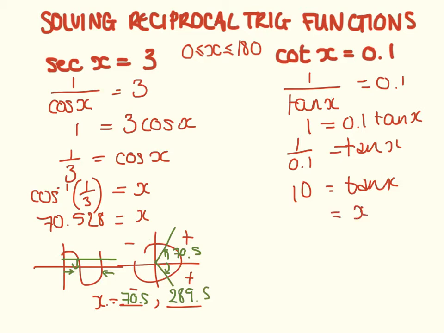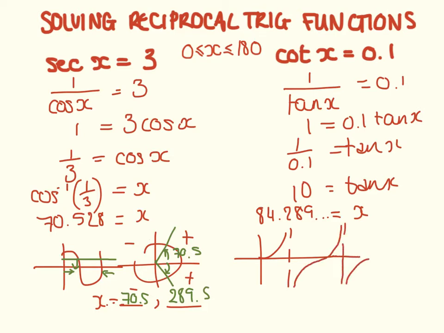X is 84.289. The graph has asymptotes at 90 and 270, so we're going to 84, it's about there, which means we want to go 84 on from 180, so let's add 180.